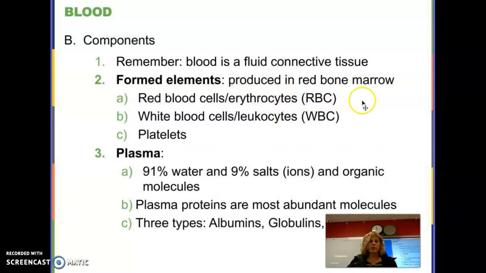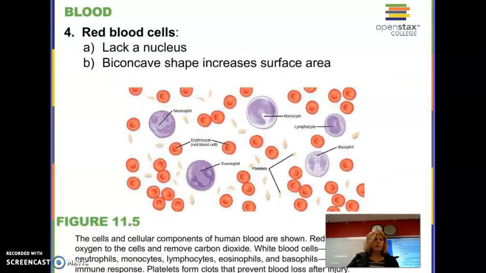In the red bone marrow is where we see red blood cells or erythrocytes being formed, and also the white blood cells or leukocytes being formed, and those platelets, which are necessary for clotting, and we'll talk more about that later. We also have something called plasma, and plasma is important in other components. We'll talk about plasma in a little bit more detail later.